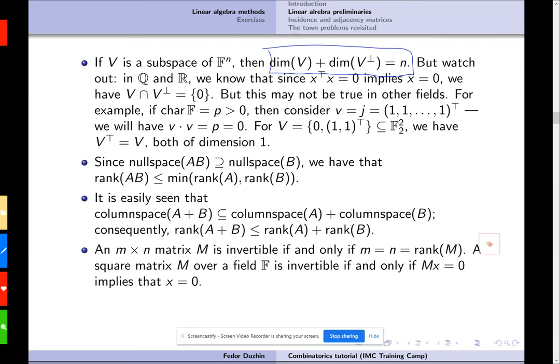Here you have an example in a field of characteristic p. You can easily construct an example in the complex numbers too. If you take the vector (1, i) and take the dot product with itself, it is going to be 0.